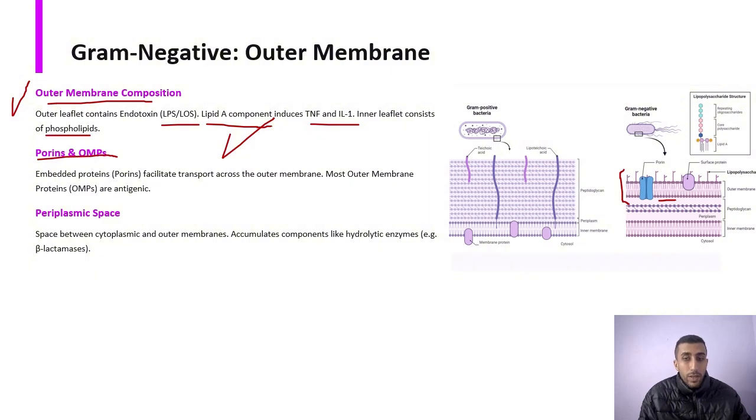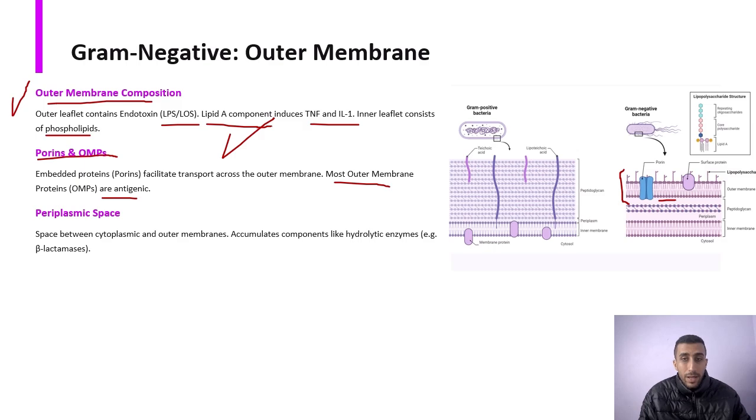The outer membrane has outer membrane proteins embedded within it and porins that transfer stuff across the outer membrane. Most outer membrane proteins are antigenic, but it is highly tested in the exam to know that the lipid A component of lipopolysaccharide slash lipooligosaccharide is the most antigenic and induces tumor necrosis factor and interleukin 1 as a reaction. So this is the outer membrane.